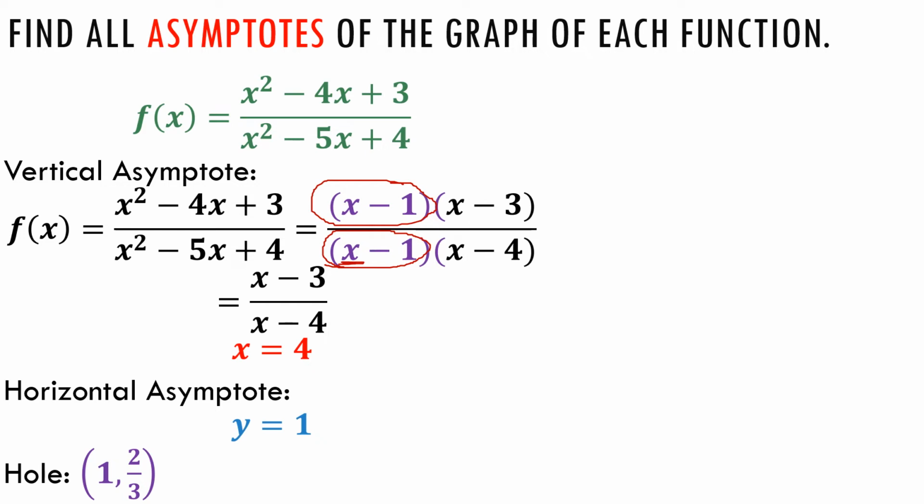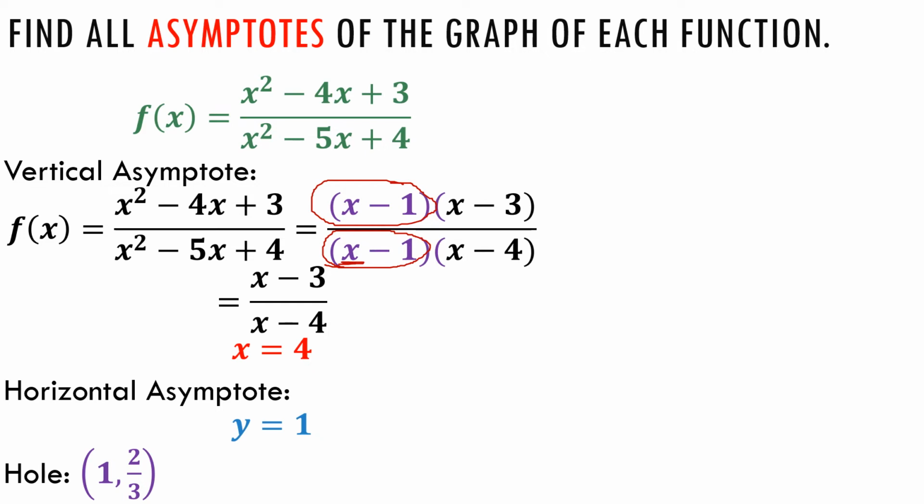The reason why this function is not defined at 1 is because 1 is not in the domain of the function. As you can see, f of 1 is undefined because it makes the denominator of the rational part of the function 0, which makes the whole function undefined.